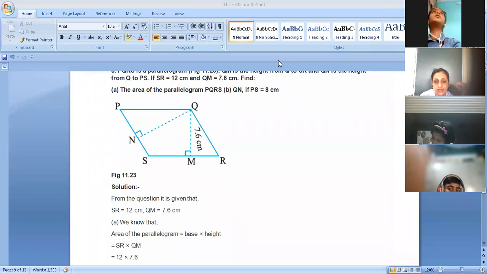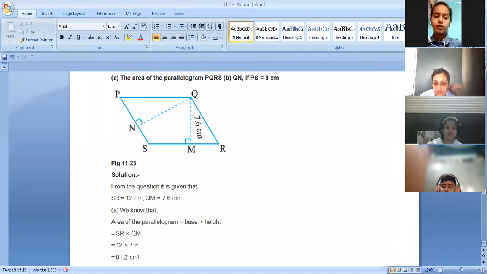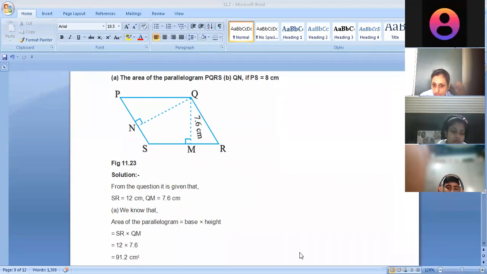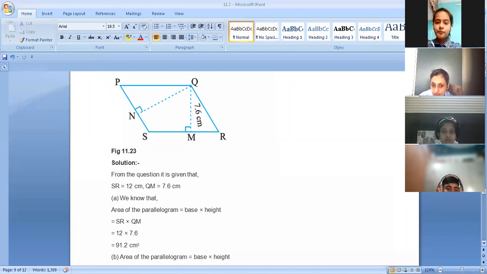You have to put a square. 91.2 centimeters square, that's right. Area of the parallelogram is 91.2 centimeters square. Yes, Avika, right answer.